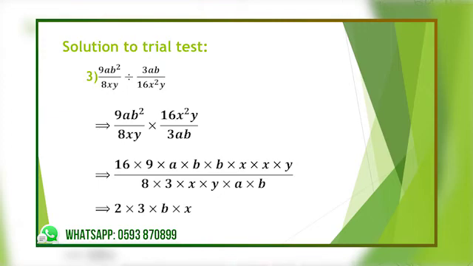So dealing with the numbers, cancel out, you get 6, and then the variables. So the final answer becomes 6bx. If you happen to write 6xb, it's still correct. But we normally write the answers in alphabetical order. Very good. Hope you got your answers correct.